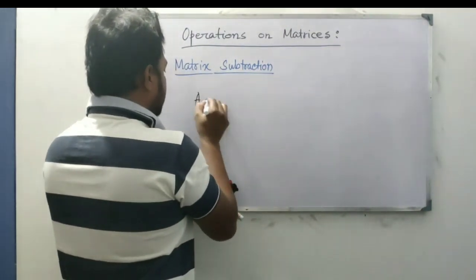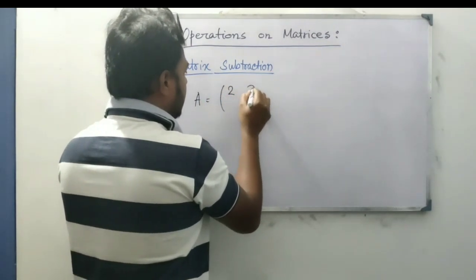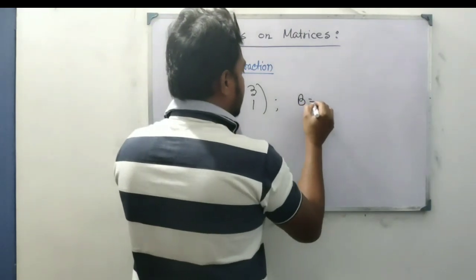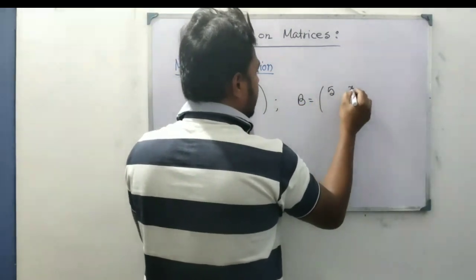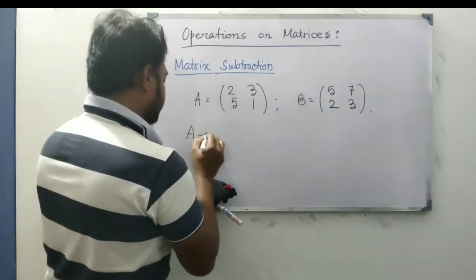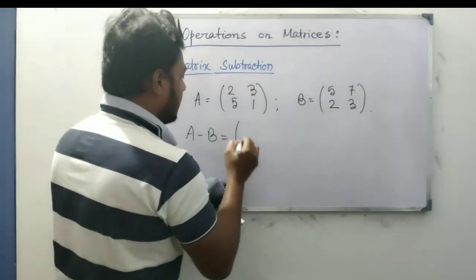A is a matrix 2, 3, 5, 1, and B is another matrix, suppose 5, 7, 2, 3. Then A minus B will be subtraction of corresponding entries.